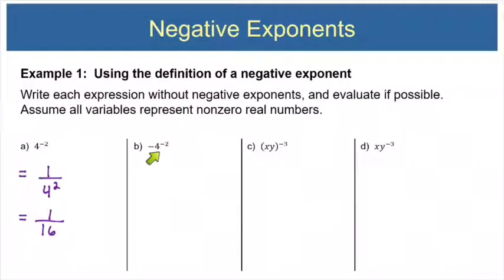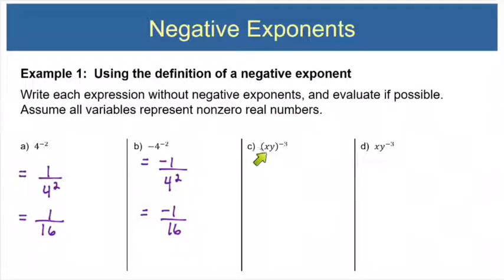So when I restate this with a positive exponent, I'm going to leave the negative in the top of the fraction, and I'm just going to move 4 to the negative 2 to the bottom where it becomes 4 to the positive 2. Again, this negative stayed in the top because this exponent is not affecting the negative. And now 4 squared is 16, so we have negative 1 over 16.